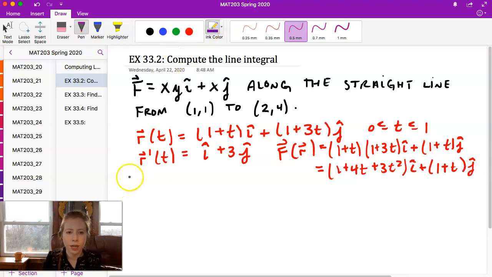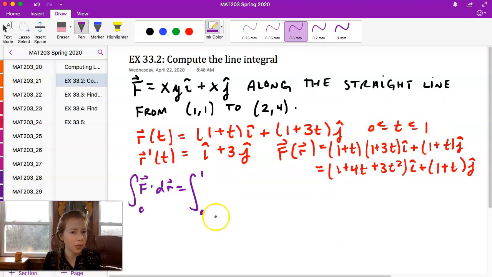Okay, so then plugging into our definition, so work, or our line integral, is going to be on the interval from 0 to 1 is what we determined. So you plug in what you determined for the time interval here for the limits of this integral. And then we're going to do our dot product.